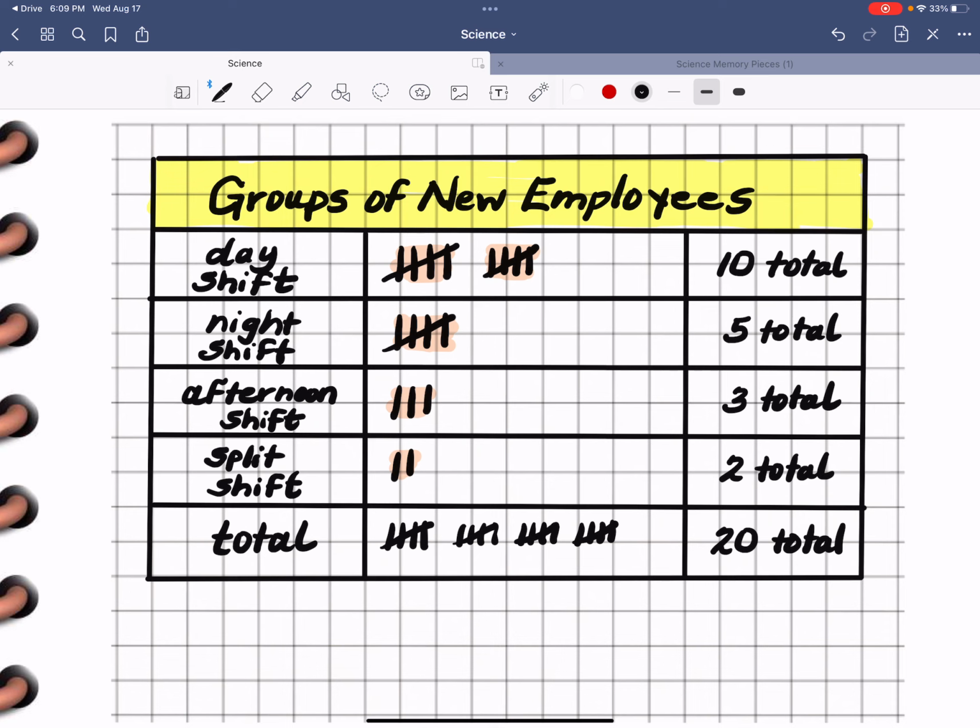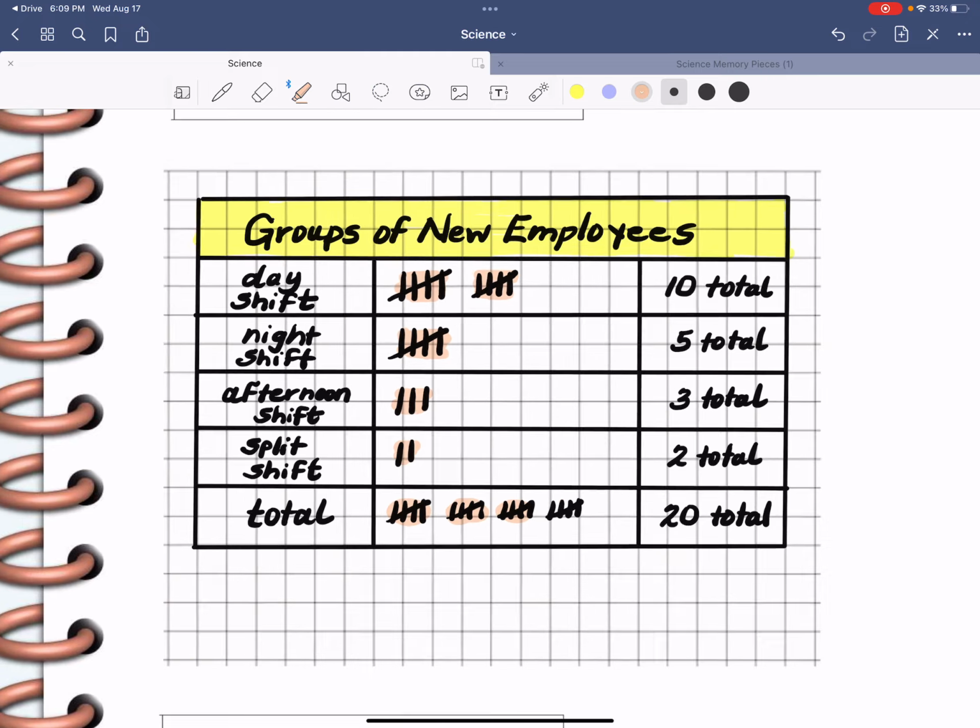Okay. Normally, you will not see this part. I don't know that I've ever seen this in a tally table, but I just put it in there to show you that there are 20 and they're in groups of 5. So 3 of them are grouped in 5, and then those last 5 combine to make that last row of tallies. So this is a tally table.